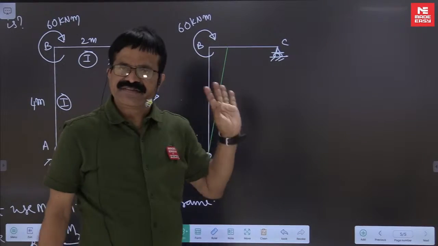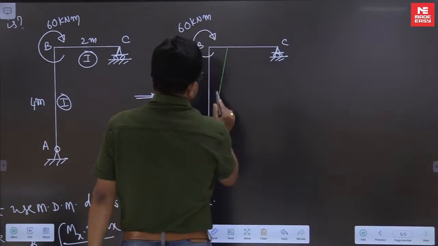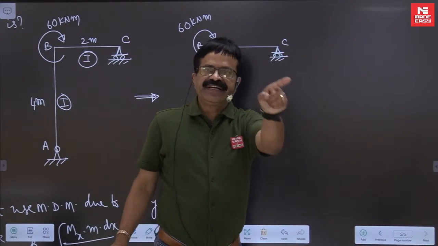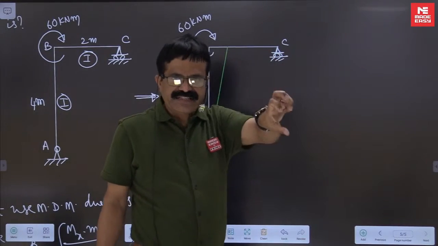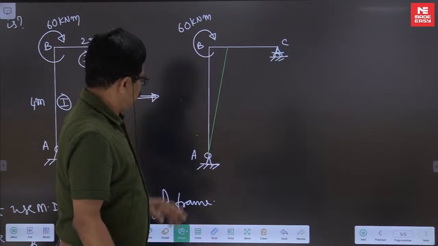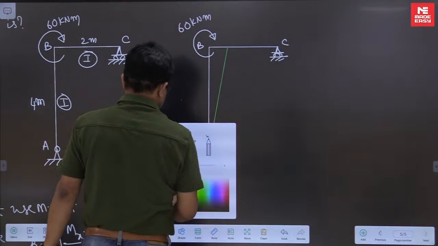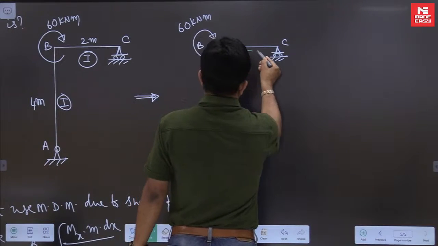AB member will remain straight because bending moment in the member AB is 0. But BC member has to bend. To accommodate that slope, this vertical member will rotate so that 90-degree angle will be maintained. Like this.